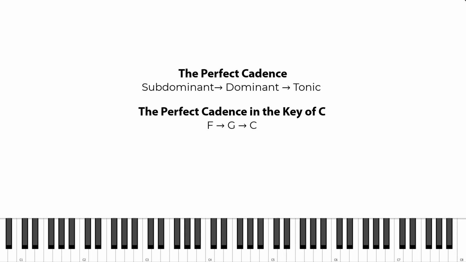So the substituted progression would look like F major leading into F minor leading into C major. So F minor leading into C major can be thought of either as a plagal cadence or as a perfect cadence because of the dual role of F minor.